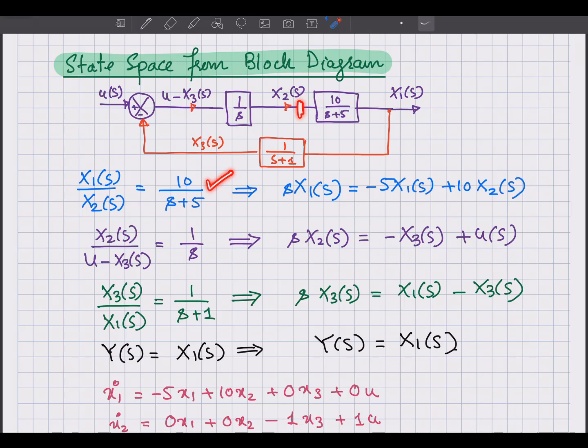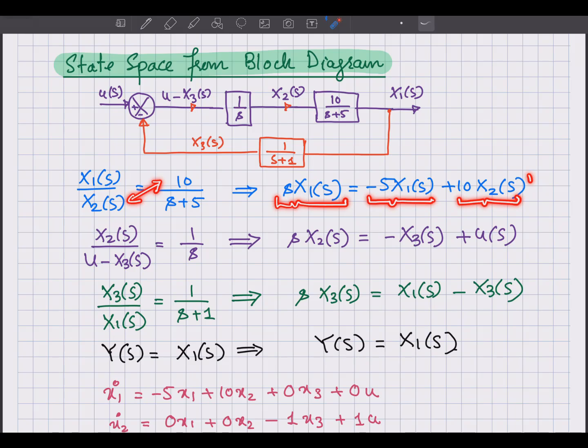That's the transfer function between these 2 points, and from this equation, if I do the cross multiplication and simplify, I can write s into x1s equal to minus 5 into x1s plus 10 into x2s, right?